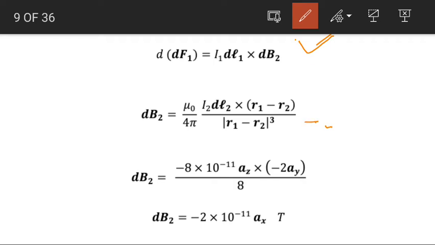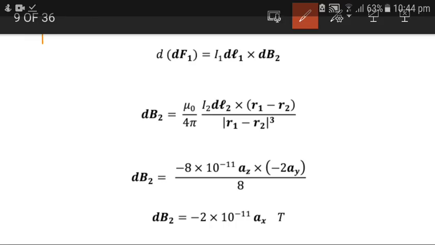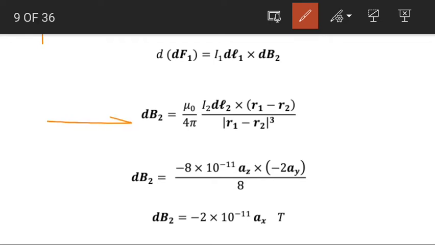So we use this particular equation to find out the differential magnetic flux density. We put the values in this particular equation.